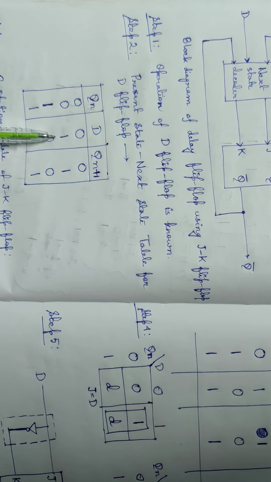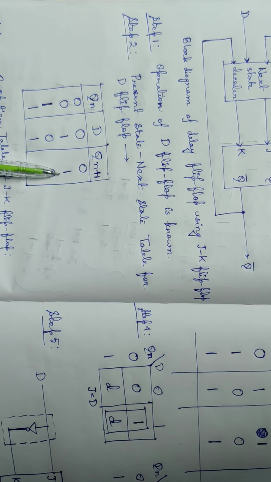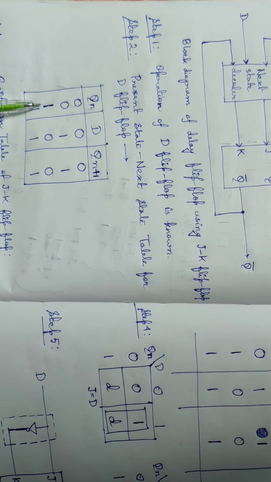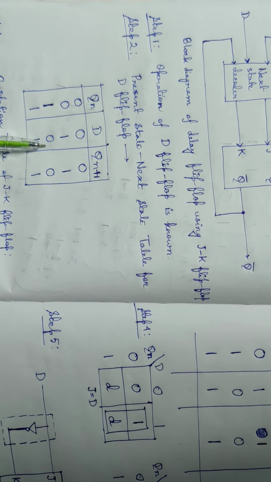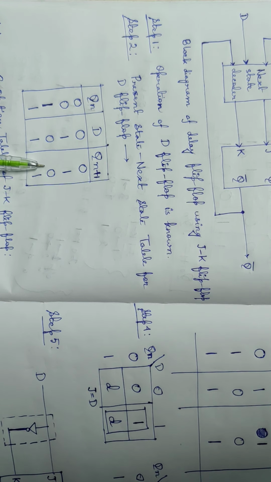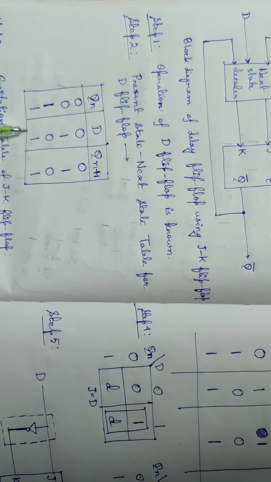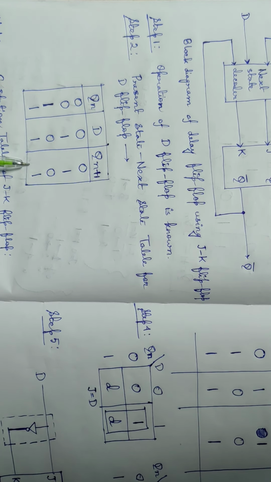We are giving D as 1, so we will get the next state output as 1. In the third case, the present state output is 1, D is 0, so the next state output will be 0. In the fourth case, the present state output is 1, D is 1, so the next state output will also be 1.